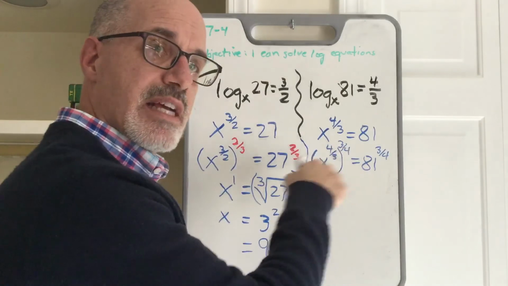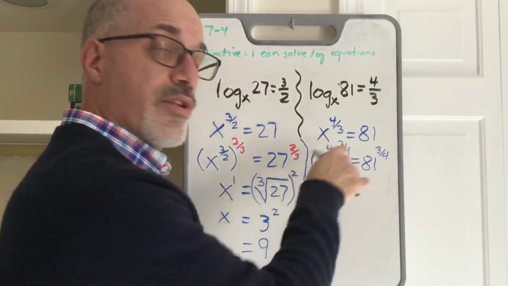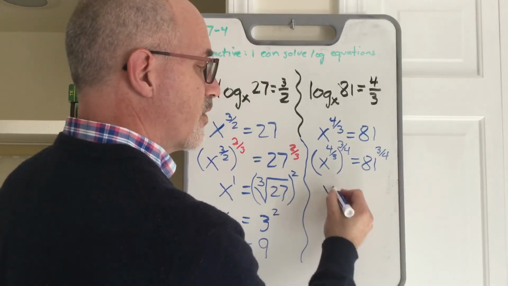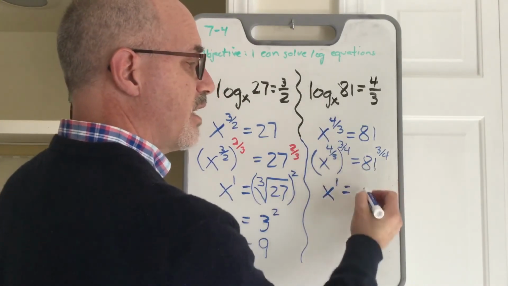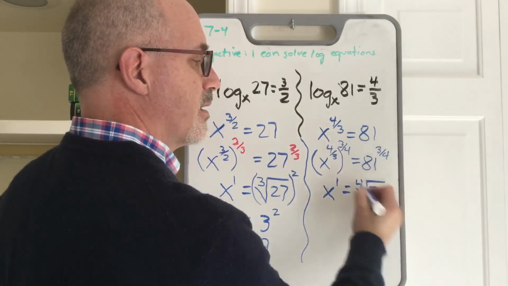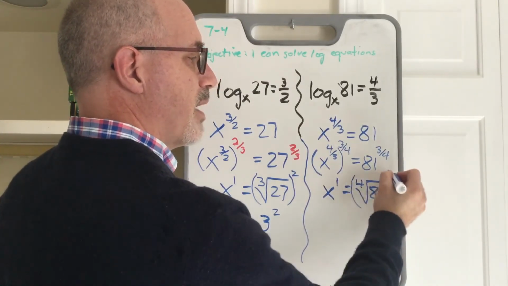That gets rid of the exponent on this side because 4/3 and 3/4, when you multiply them, give you 1. So I get x to the first here. Over here, I get the 4th root of 81, all to the 3rd power.